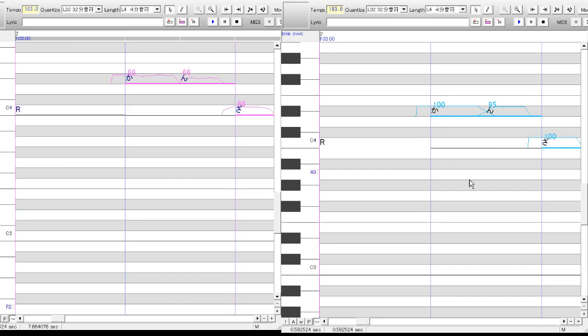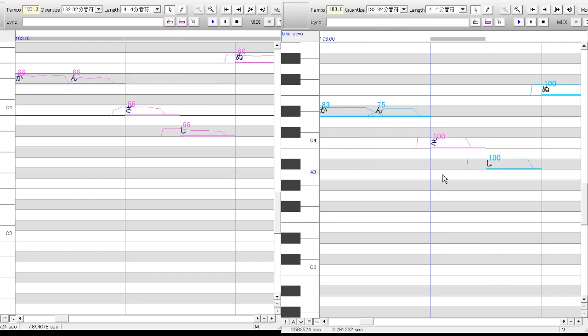It can mean different things for different musical softwares, because velocity can mean several different things, basically. But in UTAU, it means how loud the note is going to be independent of envelopes.